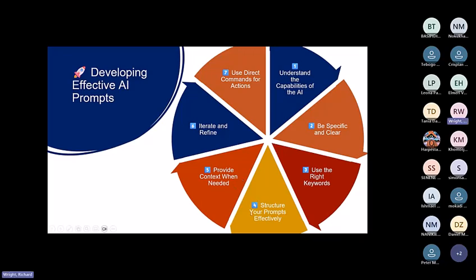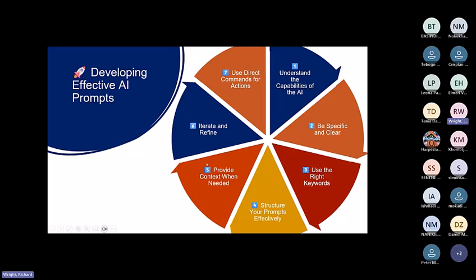And then we want to structure our prompts. For instance, you want to summarize something: you give it the content, and you also let it know what language you want it back in. Maybe it can translate it for you as well.